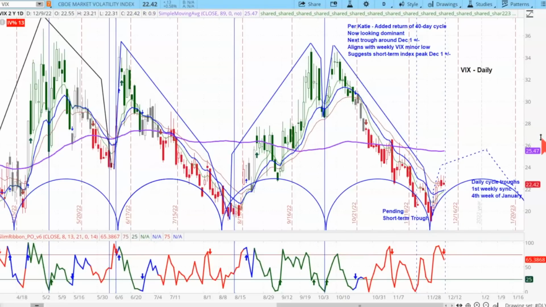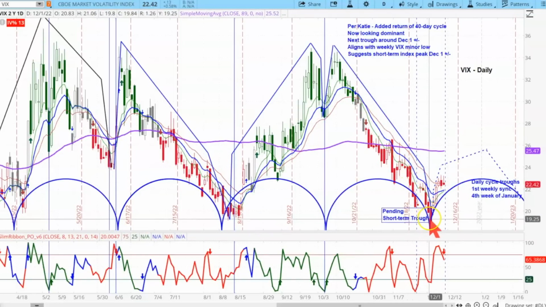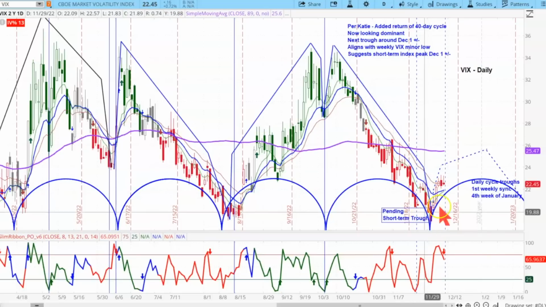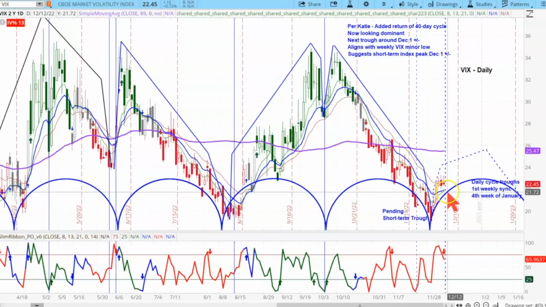As the sense of need for insurance goes down, so do the prices of the puts, and puts and calls move down in their pricing in tandem, and implied volatilities come down. This is an indication that we saw right over here that the stock market was going to begin to pull back again, and that the VIX would begin to go up again. So that's what we have projected.